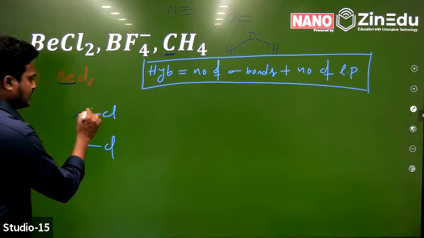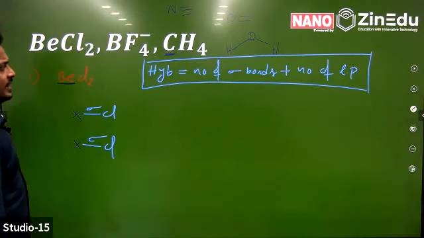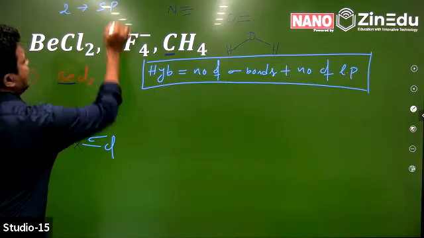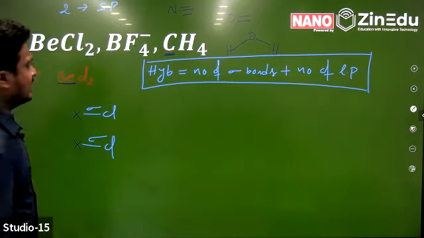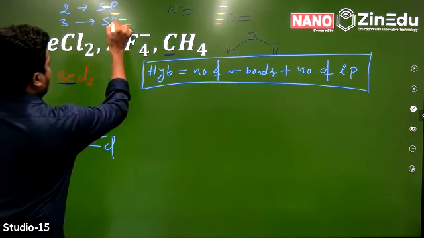2. This is 1 sigma, 1, 2. If you get a total count of 2, that is 1 s orbital and 1 p orbital, s plus p. If you get a total count of 3, that is 1 s orbital and 2 p orbitals.